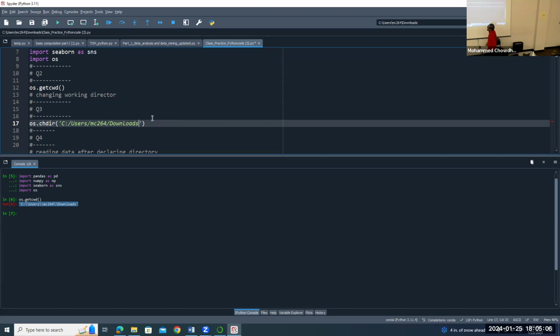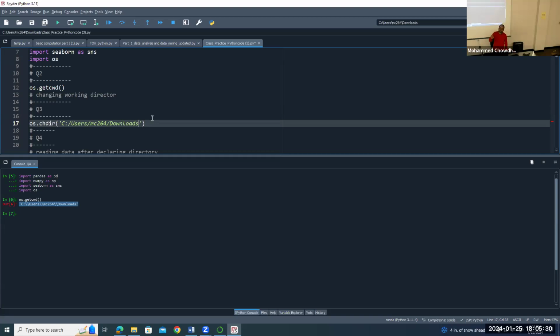Line number 17 is telling that you are setting up a working directory, os.chdir, change directory. Okay. So for the rest of the time, anything in the download folder, data or anything, I can easily bring it in there. Line number 17 is telling you how to change the working directory.